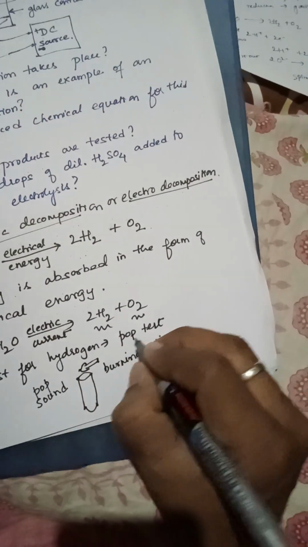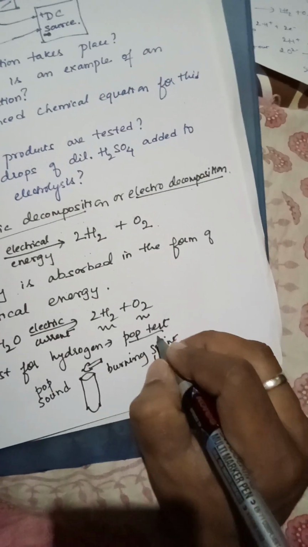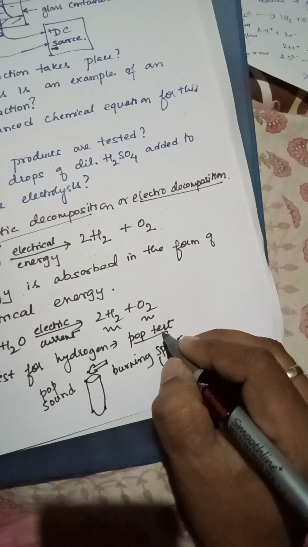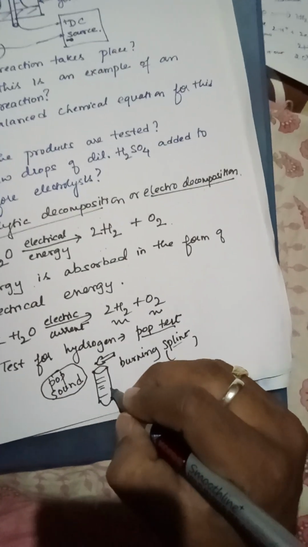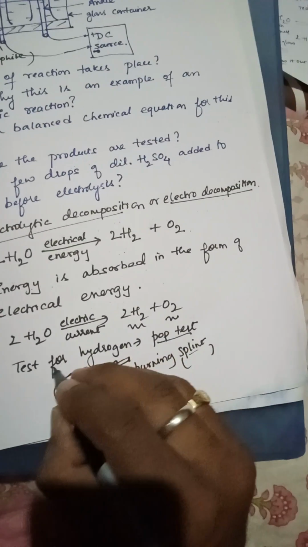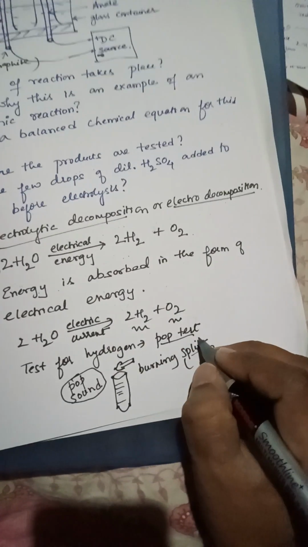So therefore, this test is called the pop test. This pop test or the production of pop sound will confirm the presence of hydrogen in this test tube. So the test for hydrogen is the pop test.